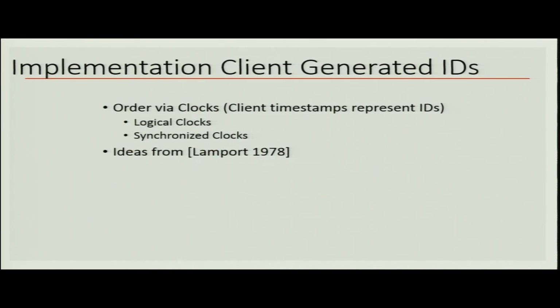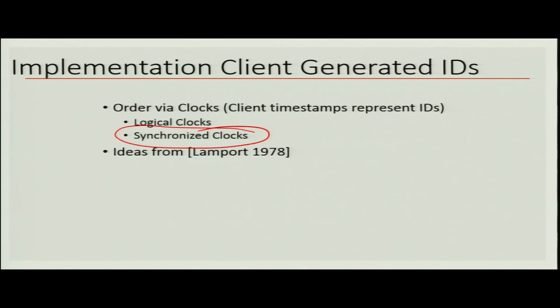This ordering can be done, obviously, if everybody had a synchronized clock, then they can say, okay, this transaction came at 8 p.m. and this transaction came at 8.01 p.m., so this would be the order. But unfortunately, in a distributed system, clocks of all the machines are not necessarily in synchrony. They might have drifts and skews.